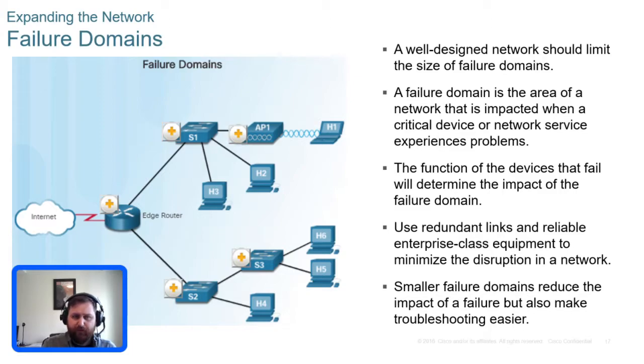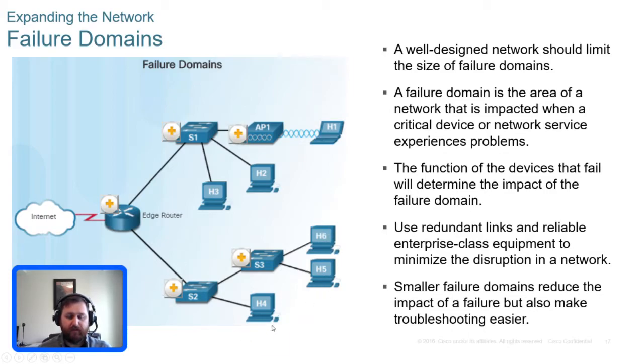So failure domains. Failure domains essentially determine if one device goes down, how much of my network is actually impacted. So we can see, if we're looking down at the bottom here, if switch 2 goes down, H4 obviously goes down, but also S3, H5, and H6 all go down.